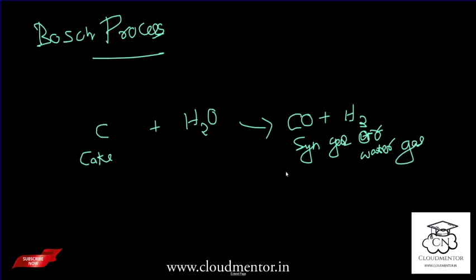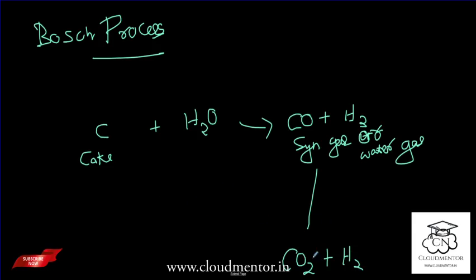And this further reacts with steam in the presence of a catalyst, usually a mixture of iron, chromium or cobalt, and gives carbon dioxide, which is a separate gas, and gives hydrogen as a result.